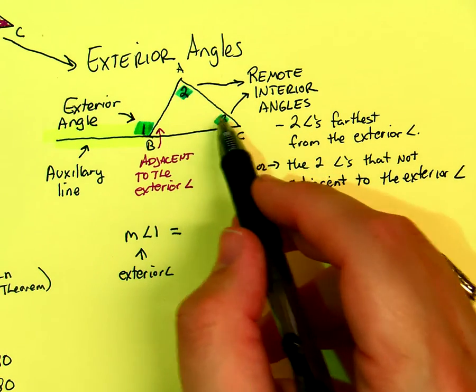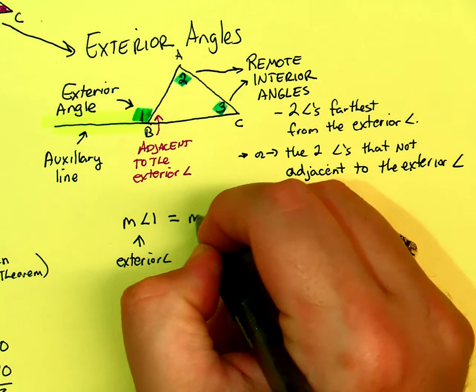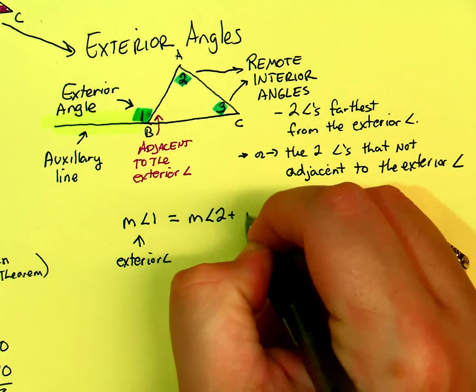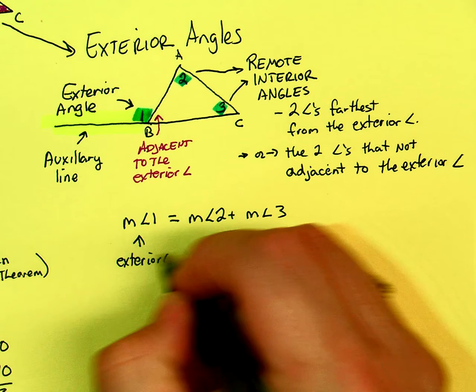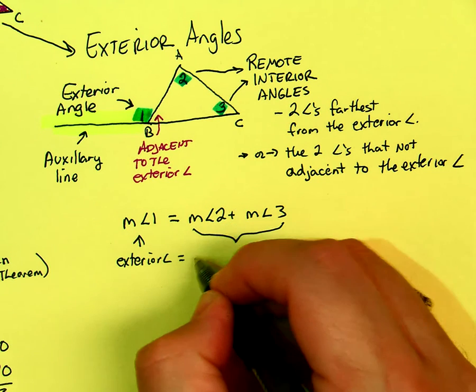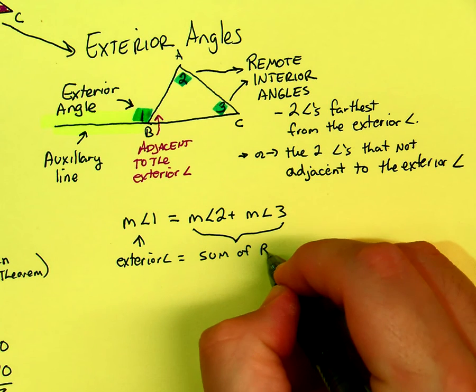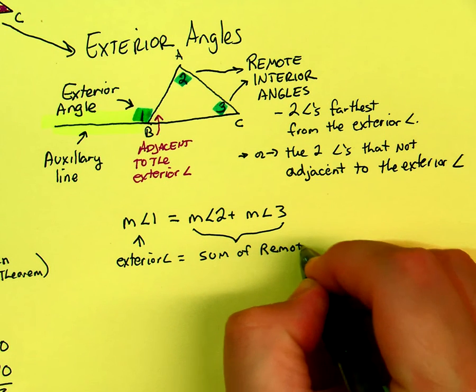Measure of angle 2 plus the measure of angle 3. So the exterior angle equals the sum of the remote interior angles.